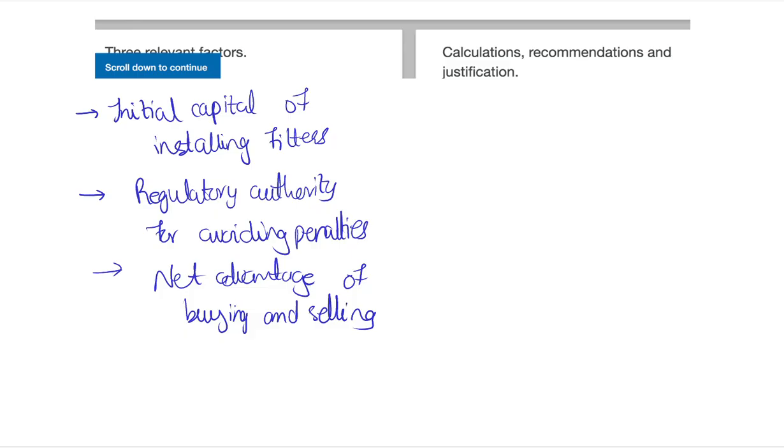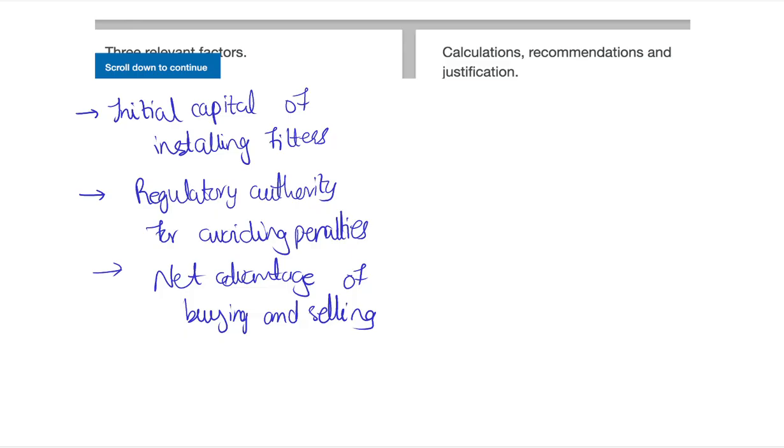Now, for the calculations and recommendations, you people can just try to understand it. I won't make you write it down. So look, without the filters, Hamjo must buy a total of 222 kilotons of carbon units, right?